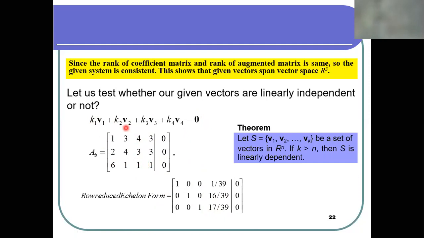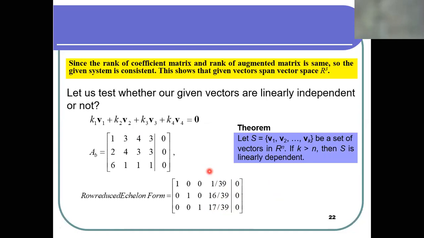So I just put it in augmented matrix form. This is a homogeneous system of equations. So when you solve this, you will get k1 is 1 over 39, k2 is 16 by 39 and k3 is 17 by 39. But what about k4? In that case, k4 will be a free variable.